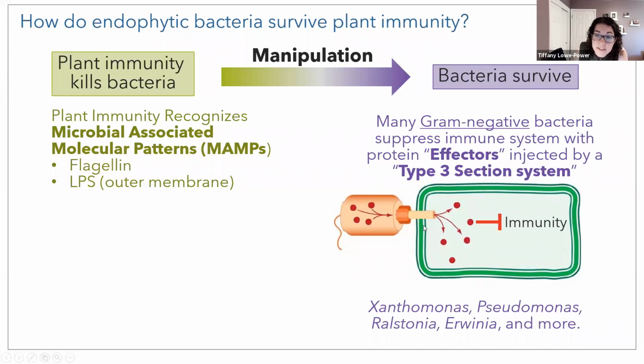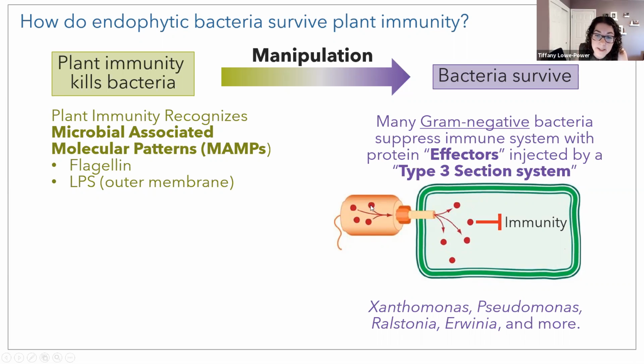Gram-negative bacteria are able to create this multi-protein structure that we call a type 3 secretion system. And they use that as kind of a hypodermic needle that they inject into the plant cell, into the cytoplasm.